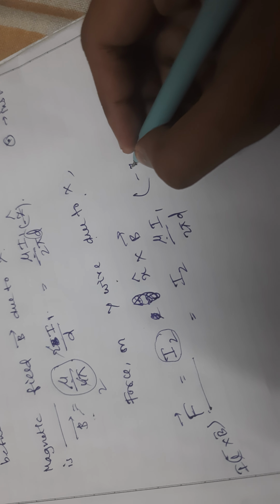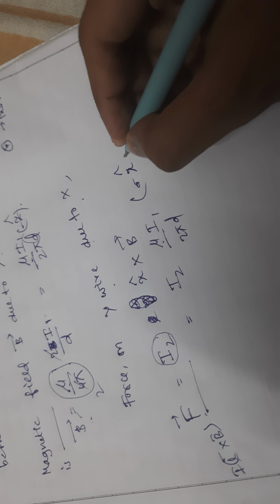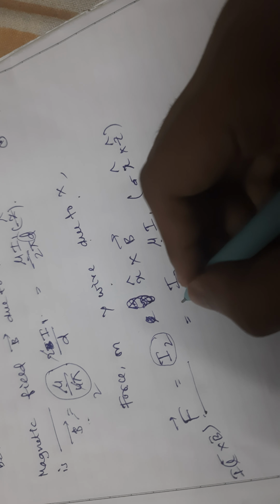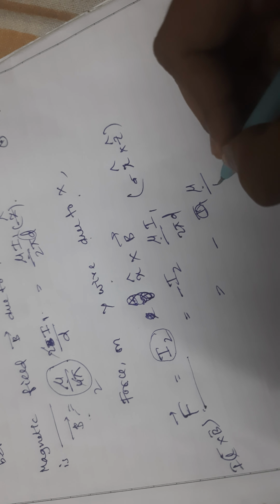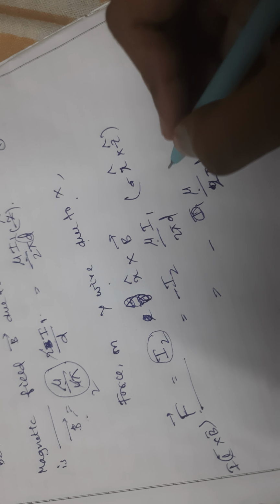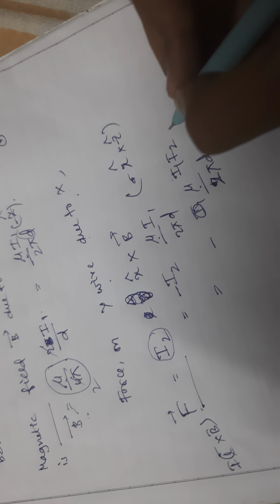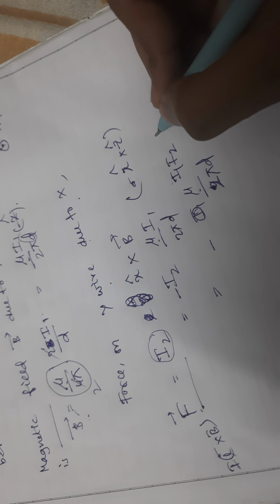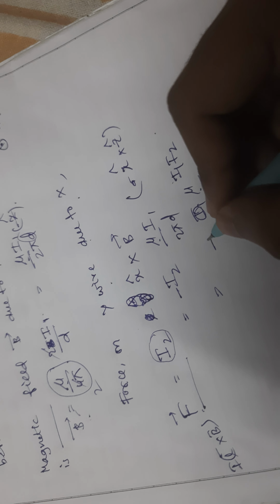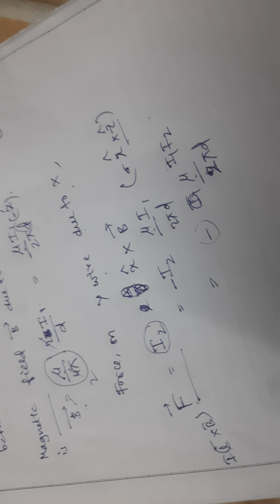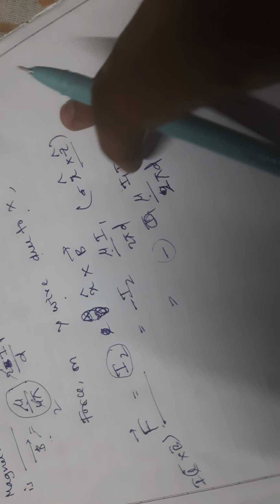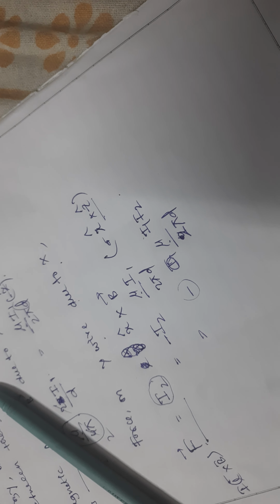So that's X cap cross Z cap, and here it is a minus. So minus mu naught by 2 pi d I1 I2, and this is a minus. These are unit vectors and they are perpendicular, so this will cut out, right?